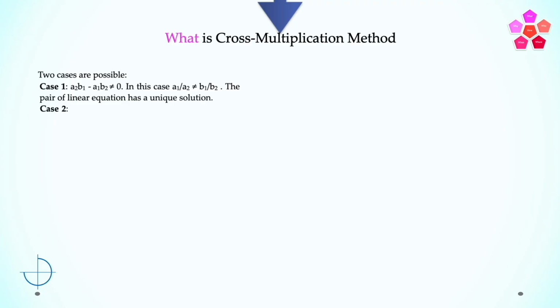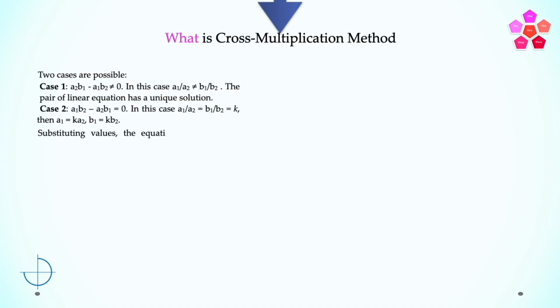Case 2 can be a possibility where A1 B2 minus A2 B1 is equal to 0. In this case, A1 by A2 is equal to B1 by B2, and let's assume that is equal to k. That means A1 is equal to k times A2 and B1 is equal to k times B2.